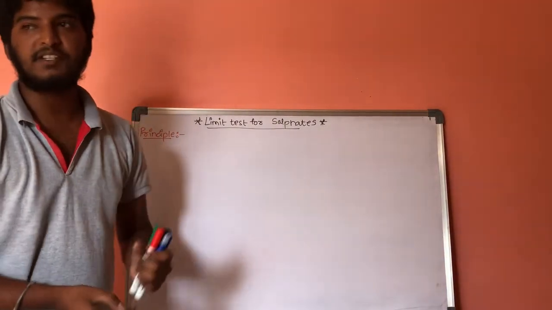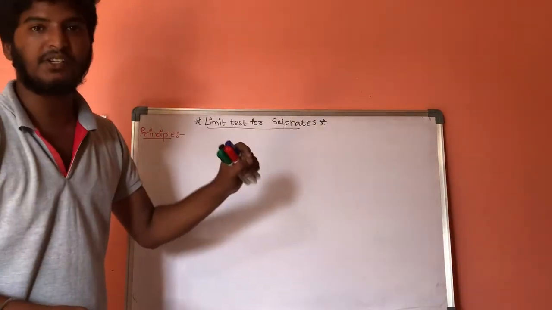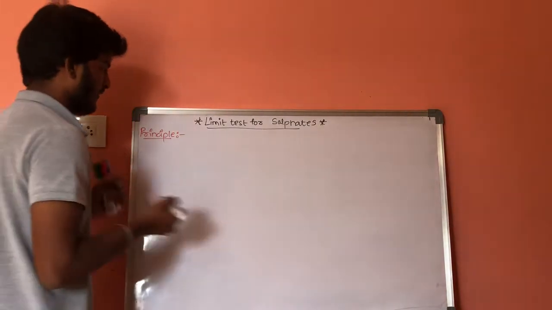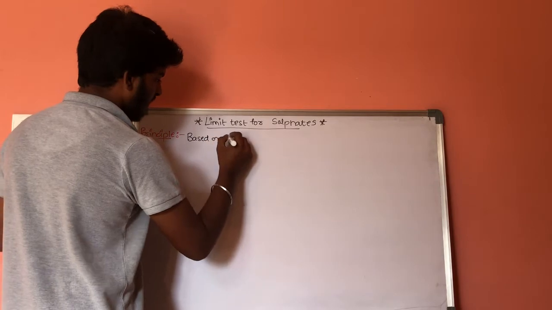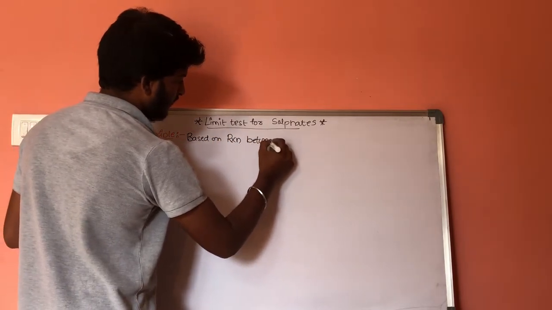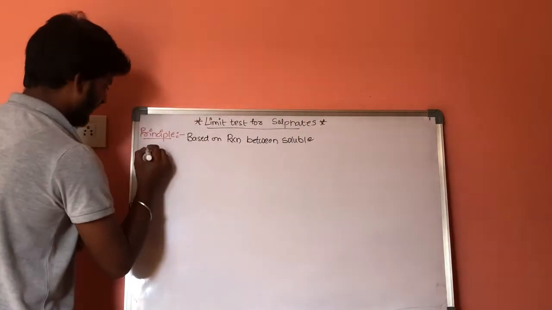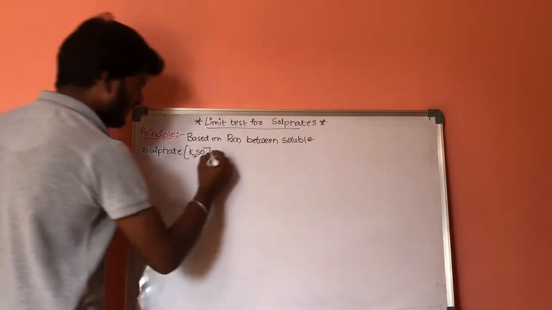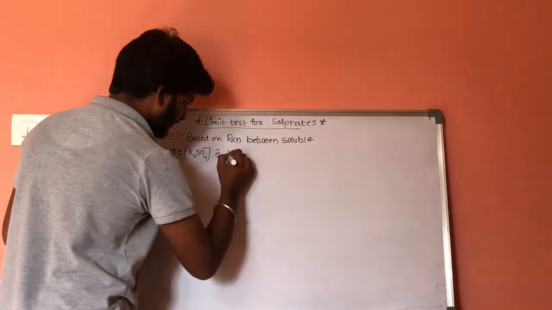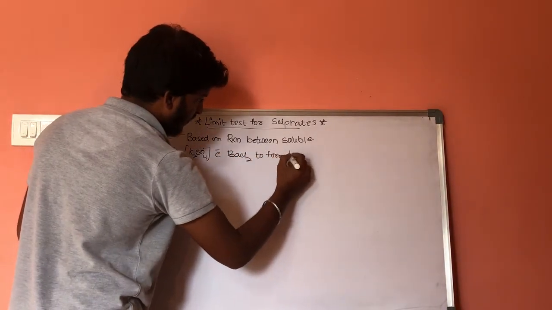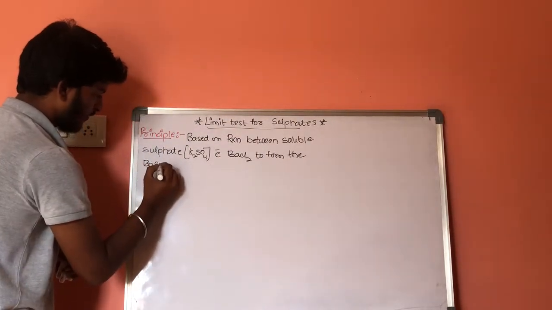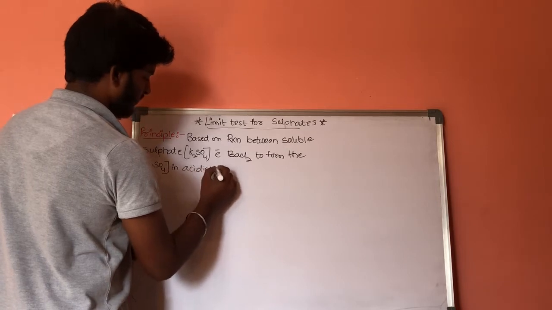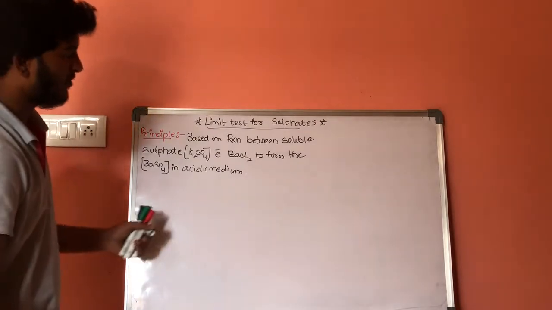The principle involved in the limit test of sulfates is based on the reaction between soluble sulfates, like K2SO4, with barium chloride to form barium sulfate in acidic medium, by using HCl.